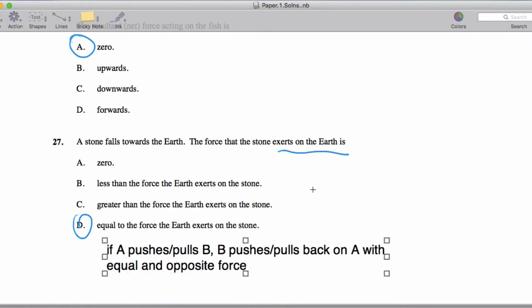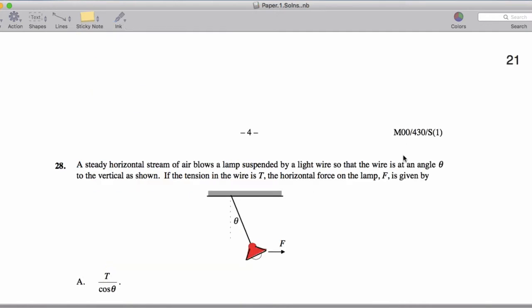I don't like saying for every action there's an equal and opposite reaction, because people start thinking about some kind of weird karma stuff, like if you put good in the universe, good comes back. We're much more specific than that. Please think of it in terms of forces: if I push you, you're going to push me back with equal and opposite force. Or rather, if any object pushes another, there's an equal and opposite force going the other way.